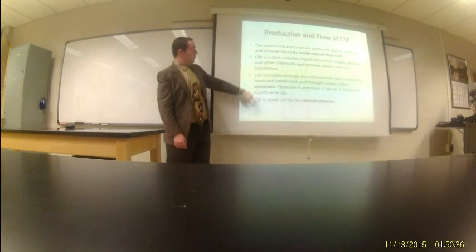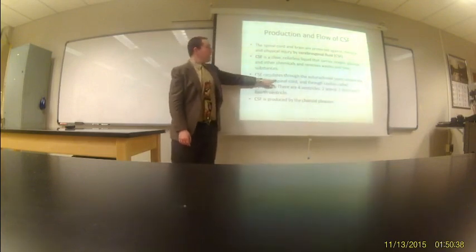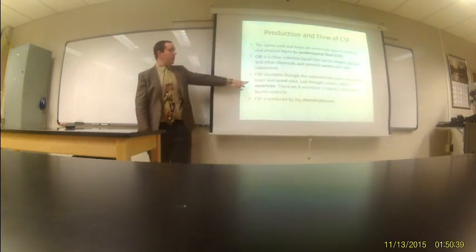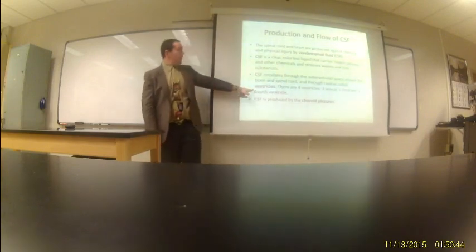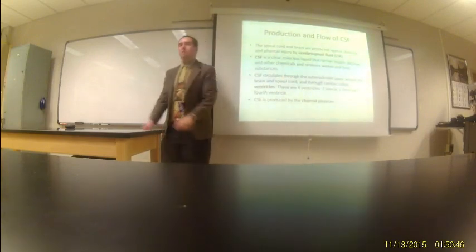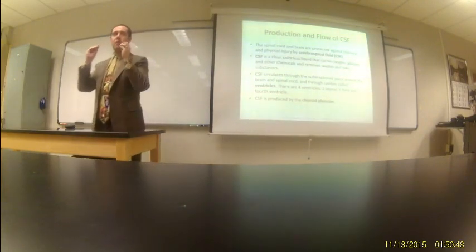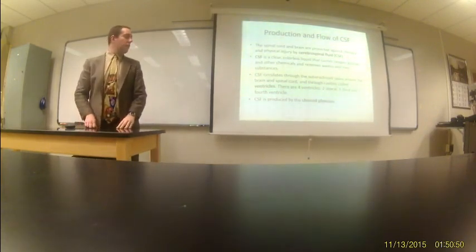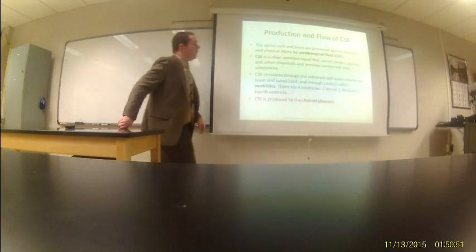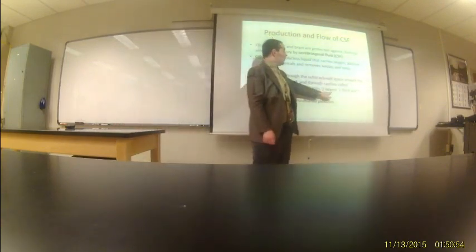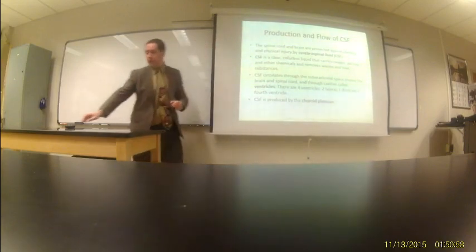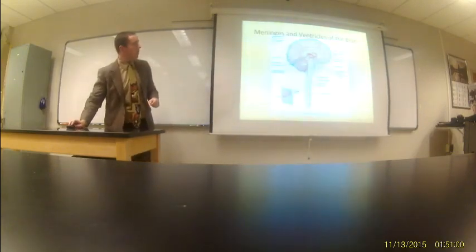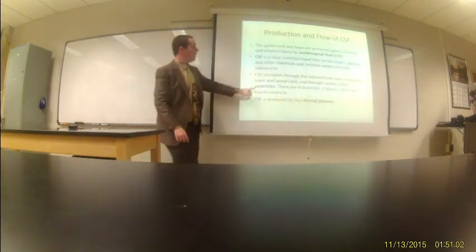It is what we'll talk about down here. It starts in the subarachnoid space around the brain, in the spinal cord, and it's also in some empty cavities in our brain called ventricles. There are 4 of them, 2 lateral ventricles, a 3rd ventricle, and a 4th ventricle, and there's a figure coming up.